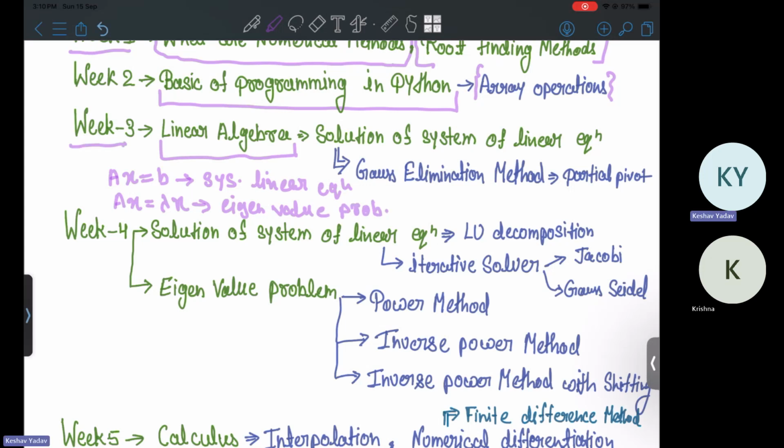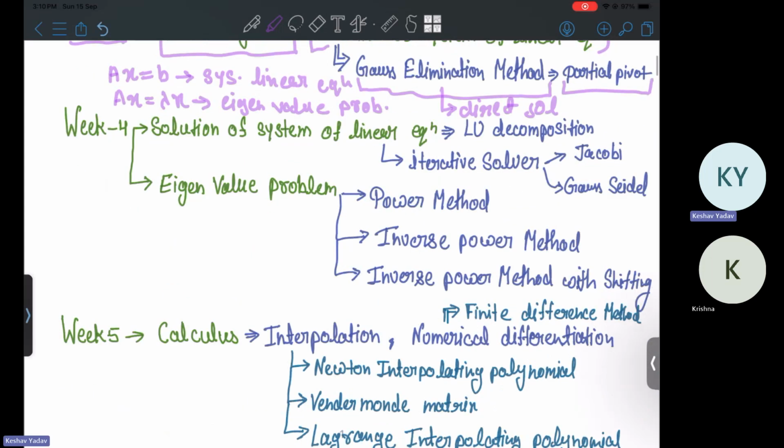So in week 3, we discussed the solution of systems of linear equations. There we discussed the Gauss elimination method, which is a type of direct solver. We also saw the effect of partial pivoting.